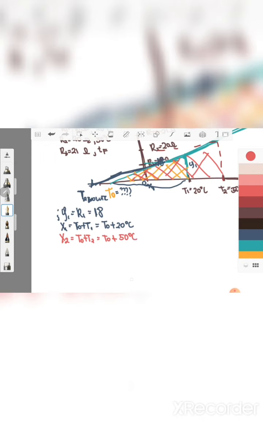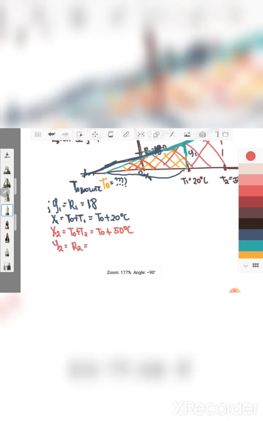That is our T2. And then our Y2 is equal to your R2, which is equal to 20 ohms. Okay. Next is our Y3 and your R3.